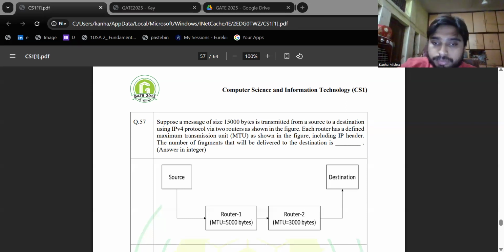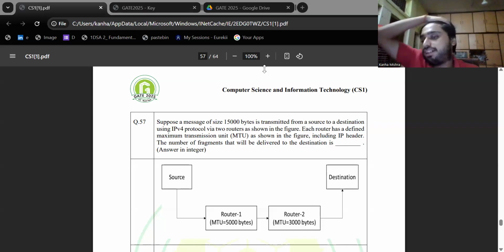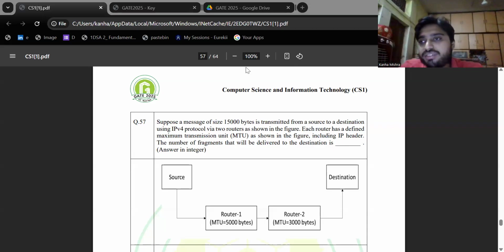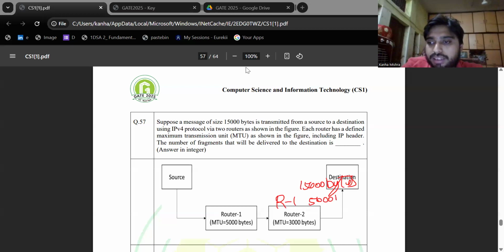When an IP datagram is fragmented in IPv4, each router must ensure that every fragment it forwards does not exceed the maximum transmission unit. The message is of 15,000 bytes. The first router, R1, has an MTU of 5,000 bytes.